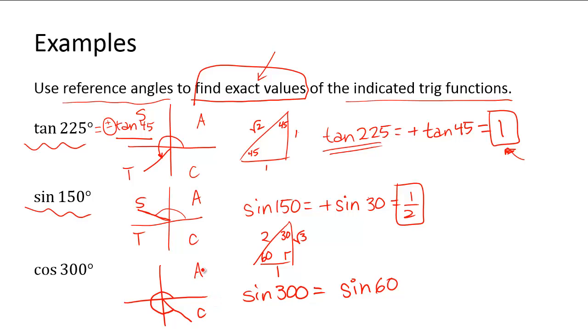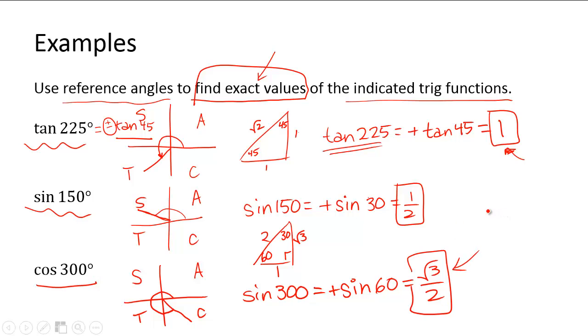And again, in this case, we've chosen a positive one. Some of them, if it was right here, then that would have been a negative. So just be careful of the sign. So that's still positive, cos 60 is root 3 over 2. So in this particular case, it would be very difficult to find the exact value of cos 300 without knowing your special triangles.